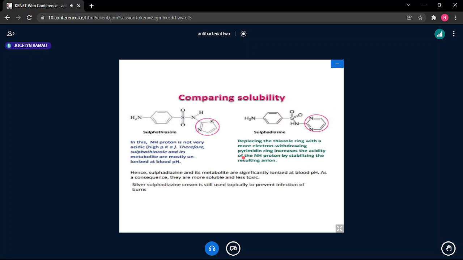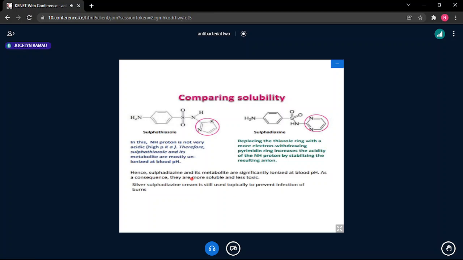Replacing the thiazole ring with a more electron-withdrawing pyrimidine ring increases the acidity of the NH proton by stabilizing the resulting anion. So this group here is more electron withdrawing and therefore allows for more rapid formation of a more stable anion. And once you have the more stable anion, you get much lower toxicity and much higher activity.